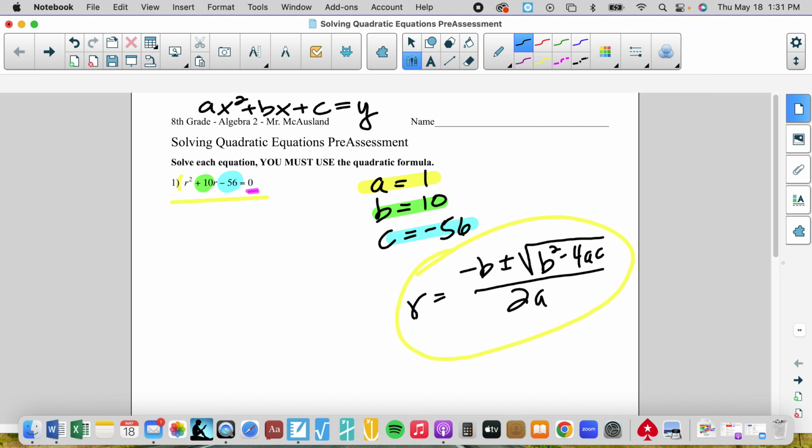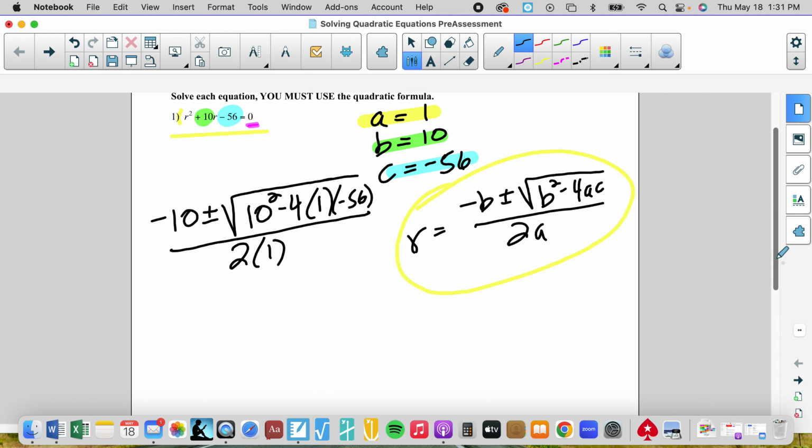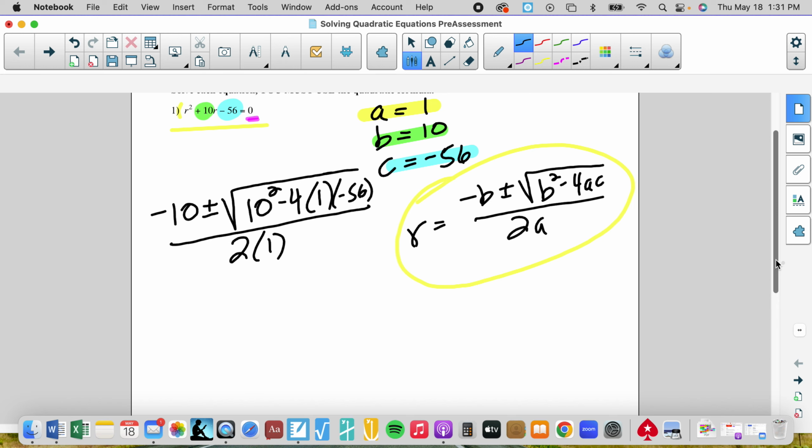All right, so now we're going to plug these things in. So it's the opposite of my b value plus or minus the square root of my b value squared minus 4 times a times c all over 2 times a. And we see inside our square root, we're going to get some pretty large numbers.